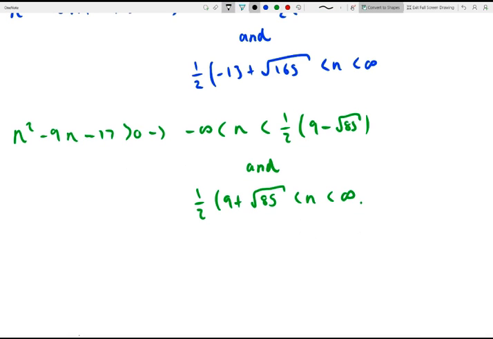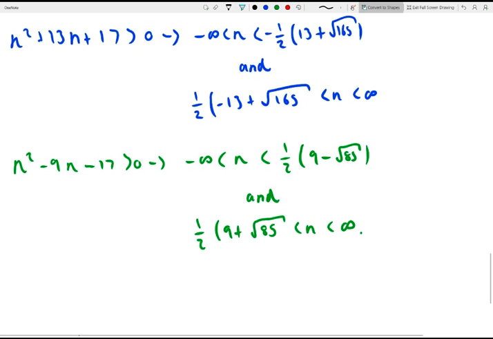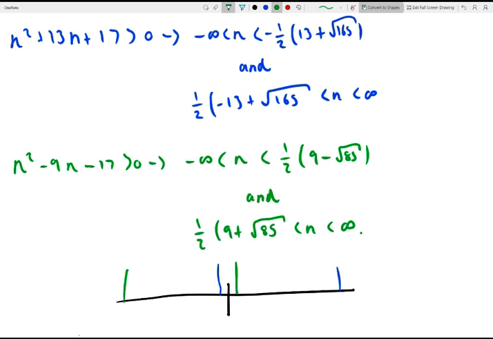Okay, and let's sketch out exactly what this means. Our blue interval is going to be here and here, and our green interval is here and here, and we're looking outside these intervals.